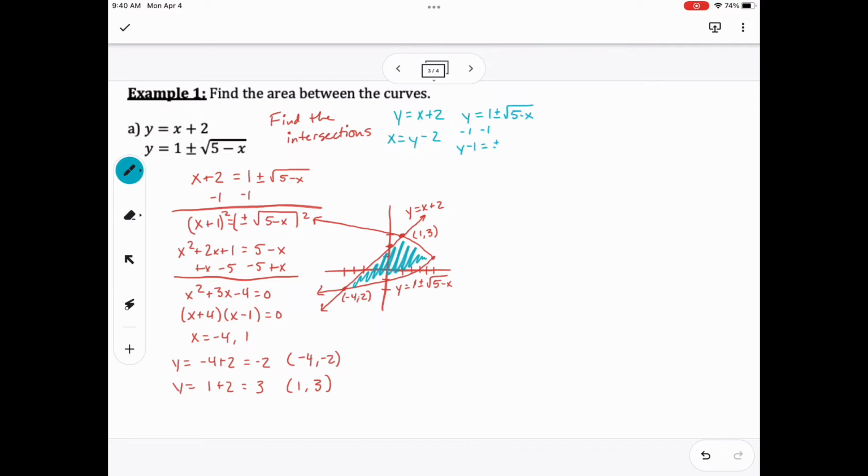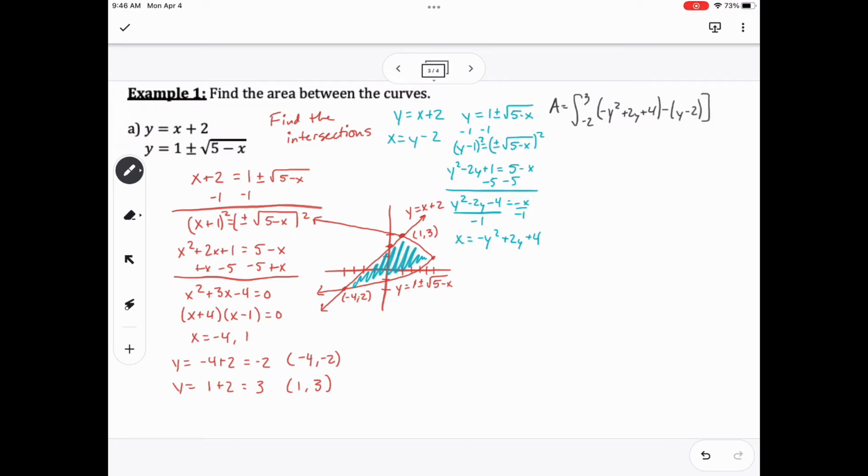But if you turn it sideways and look at it with the positive y axis being the top, it actually looks like 1 plus or minus the square root of 5 minus x is on top. So you can rewrite your functions in terms of the other variable and solve it using that variable, which sometimes makes it a lot easier.